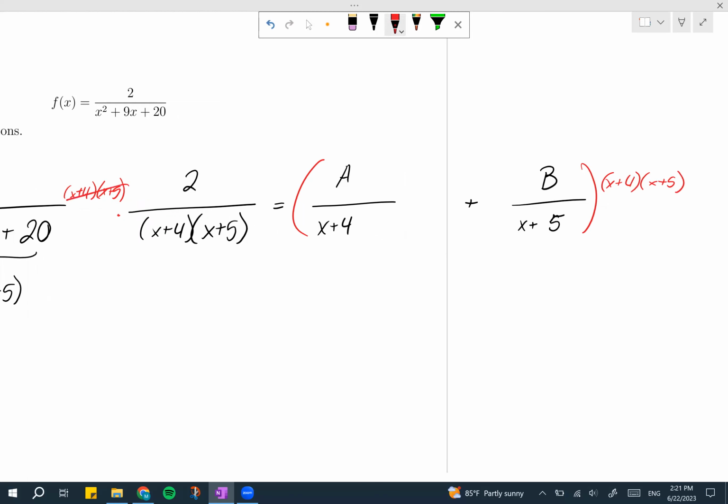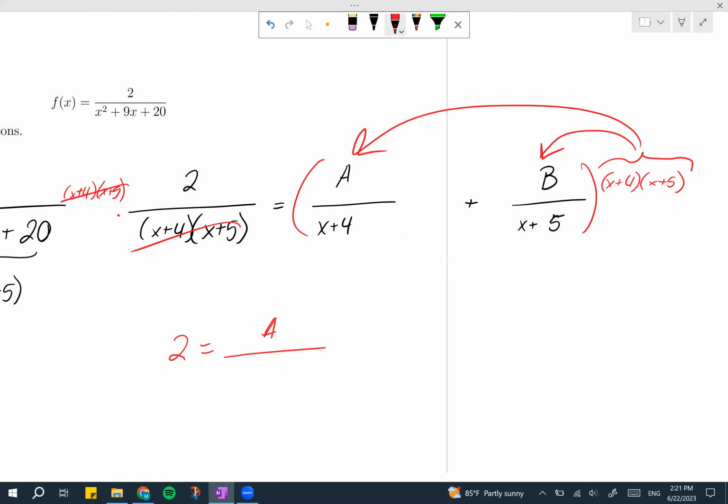Whenever I do this, this denominator will cancel, and what I'm going to be left with is 2 is equal to A. I can distribute this whole term to my first term and my second term. Whenever I do that, I'm going to have A over x plus 4 times x plus 4 times x plus 5, plus B over x plus 5 times x plus 4 times x plus 5.